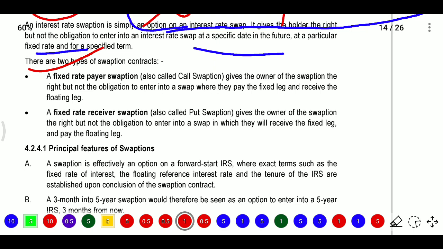So the company will pay fixed and receive floating. Whereas the fixed rate receiver swaption is called a put swaption. Here the owner will get the right but not the obligation to receive the fixed leg and pay the floating leg.